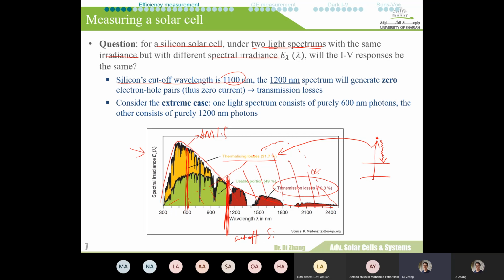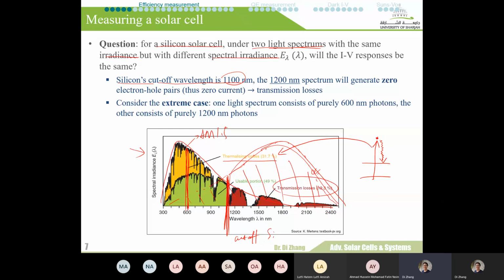You can already see from here that the second spectrum has way more transmission losses compared to the first one. So obviously the performance from the second spectrum, the long wavelength spectrum, is going to be significantly lower compared to the air mass solar spectrum. That should be something very easy for you to see from our discussion here.